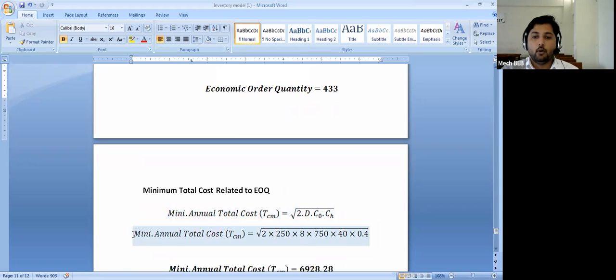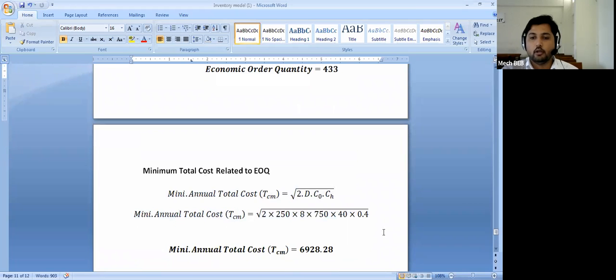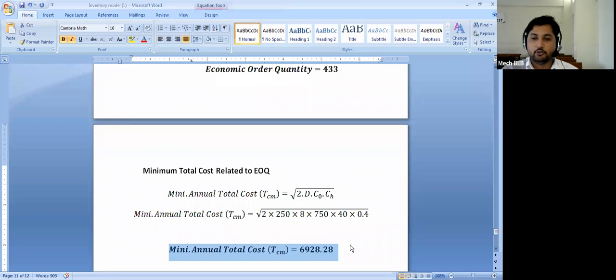Now put all the values: 2 multiplied by 250 multiplied by 8 multiplied by 750 multiplied by 40 multiplied by 0.4. So we'll get the minimum annual total cost TCM equal to 6928.28.